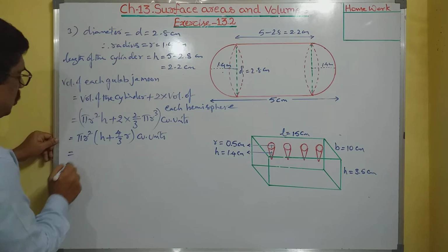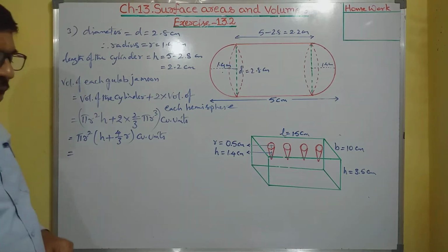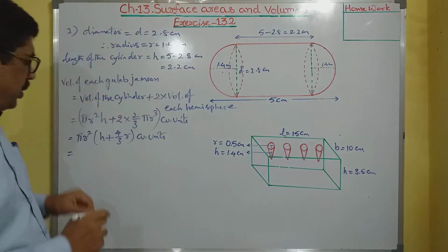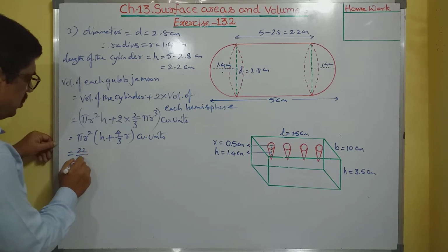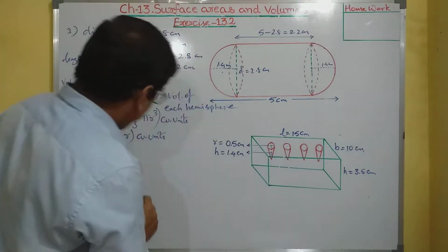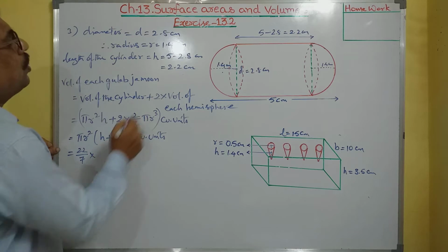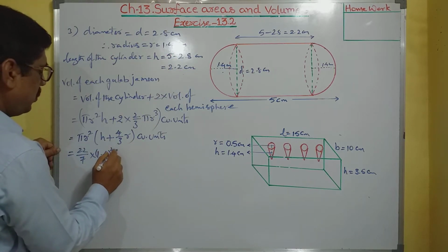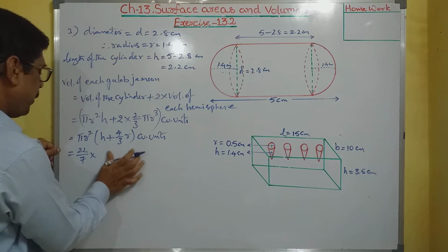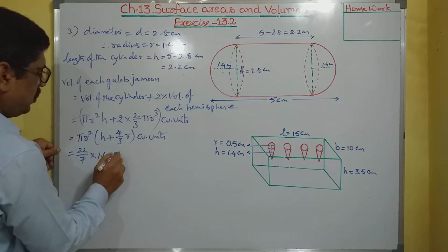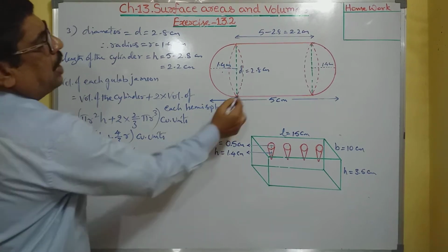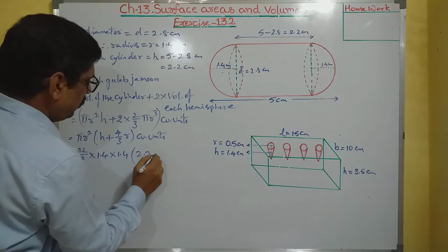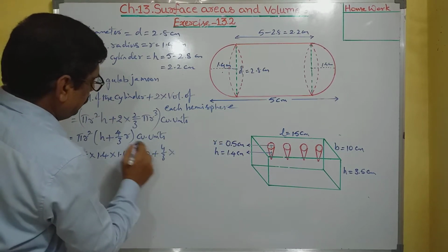Now let us substitute. Pi value has not been given, so let us take it as 22 by 7, into r square. What is the radius? 1.4. Let us write it as 1.4 into 1.4 into h. The height of the cylindrical portion is 2.2 plus 4 by 3 into the r value 1.4.